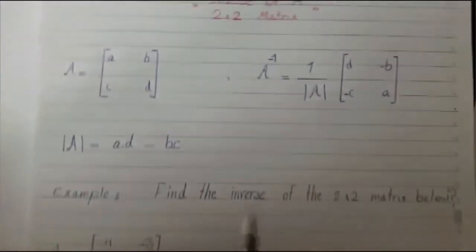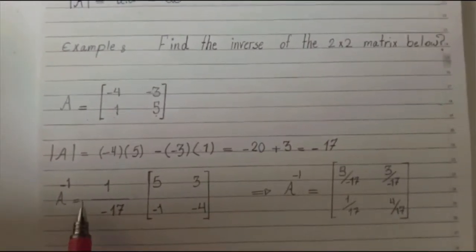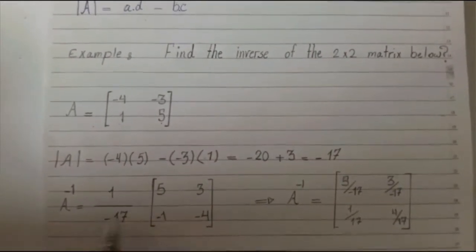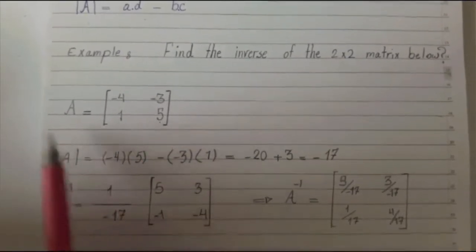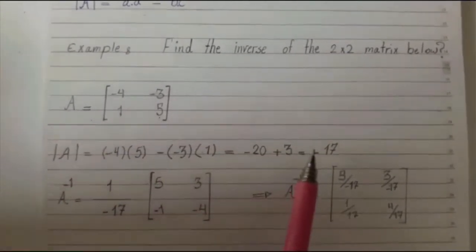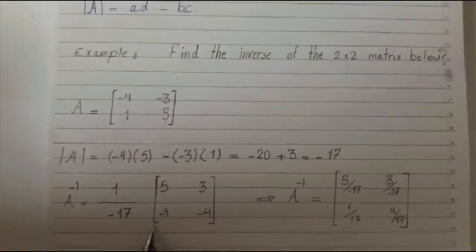According to this formula here, we have A power negative 1 is equal to 1 over negative 17. Actually, the determinant of our original matrix, which is negative 17, times this matrix.